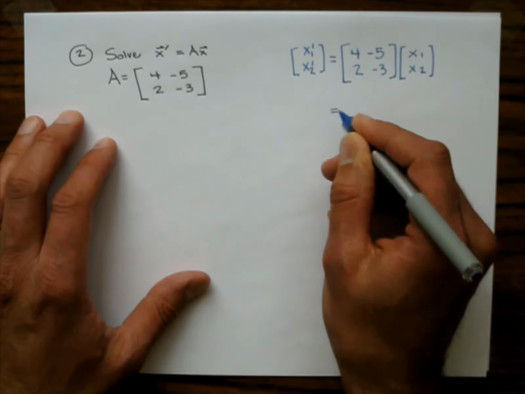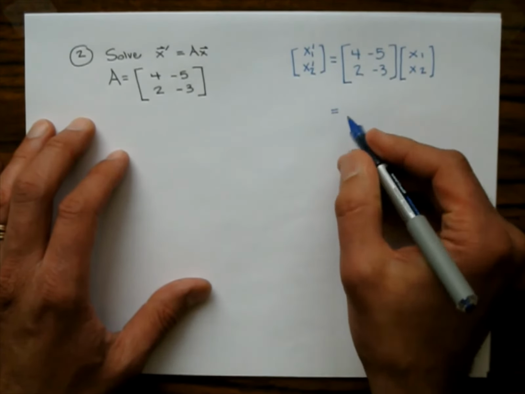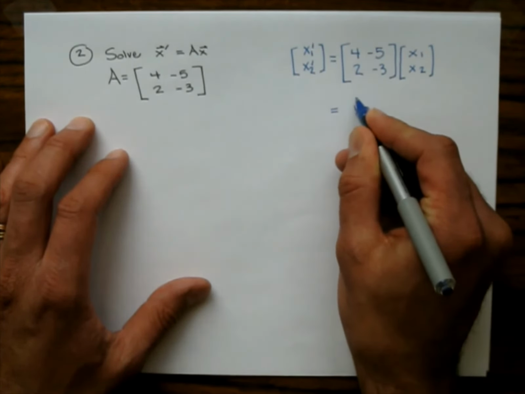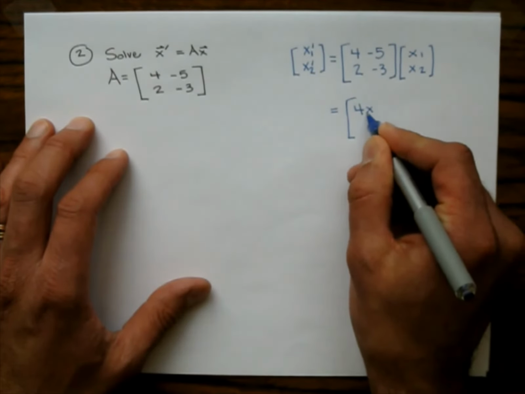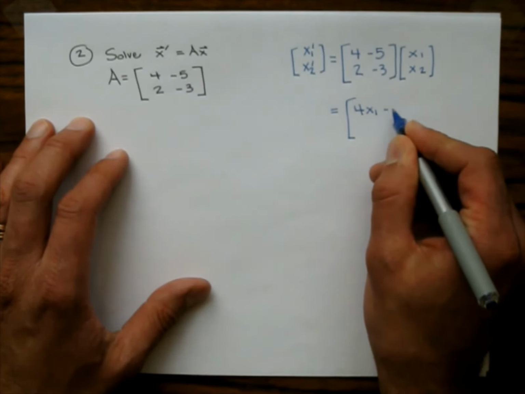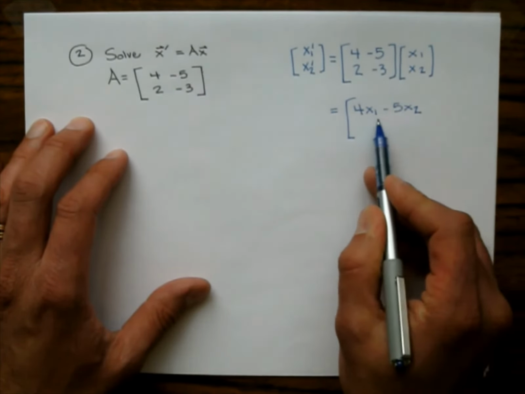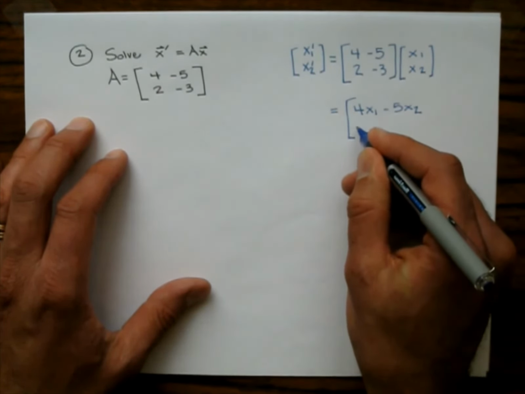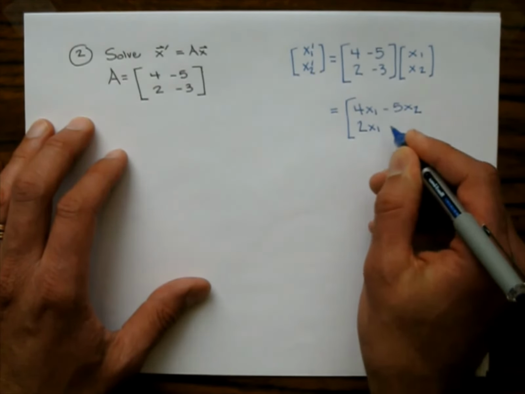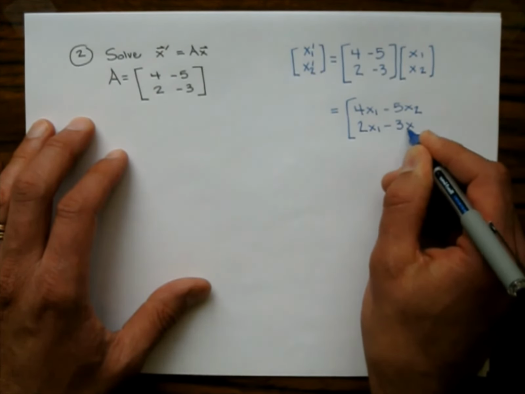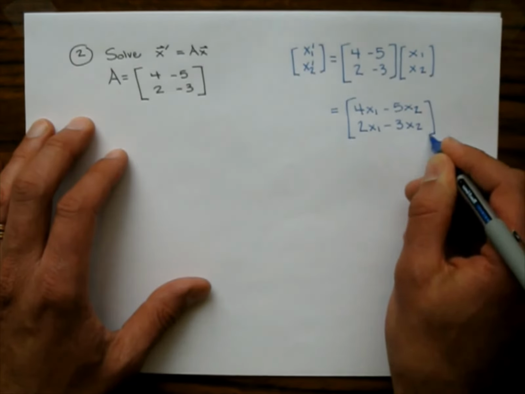So if you multiply out the right-hand side, you end up getting 4x1 minus 5x2 for the top entry of that matrix. And over here we get 2x1 minus 3x2 for the bottom entry.